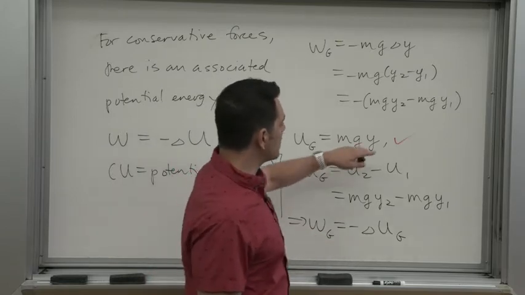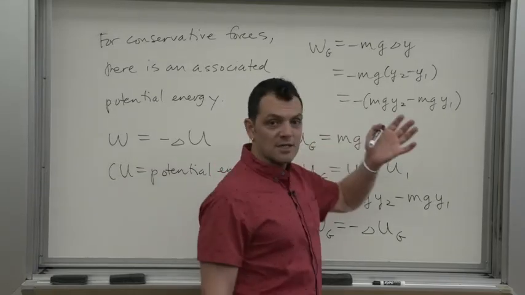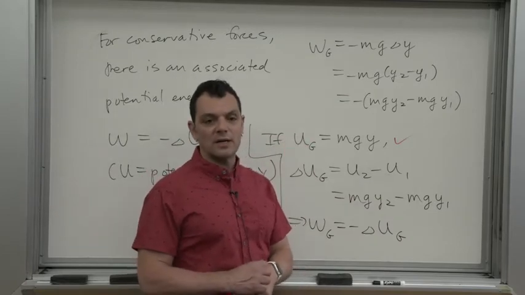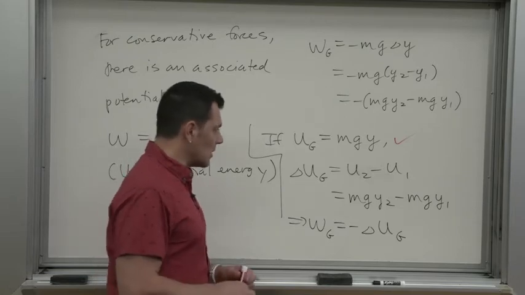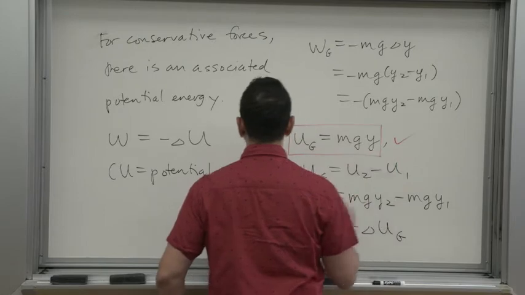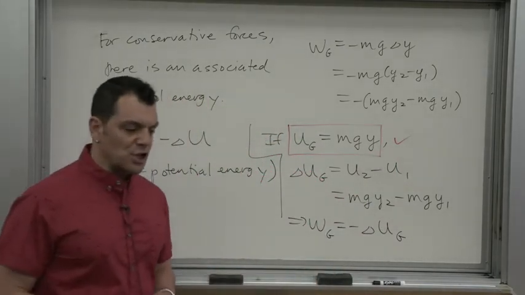So really there is an arbitrary constant here that we can add, but we're just going to set that constant equal to 0 so that we get the simplest, nicest form for gravitational potential energy. All right, so gravitational potential energy is m times g times y.